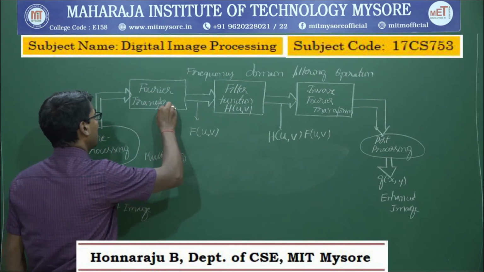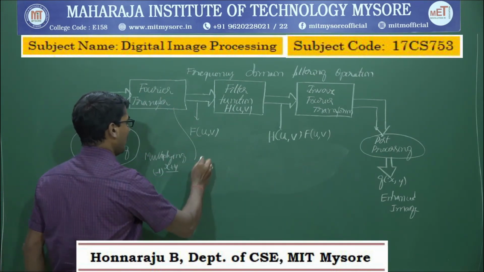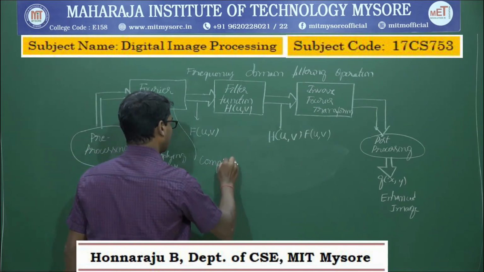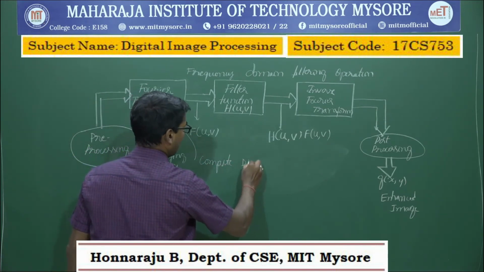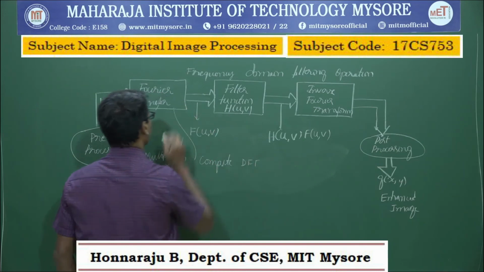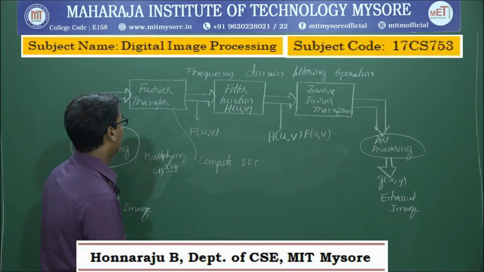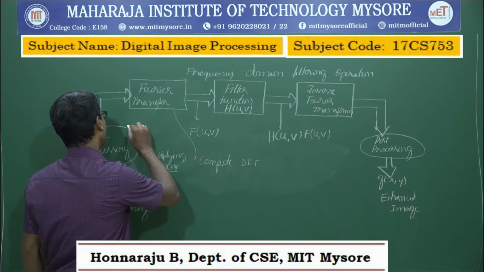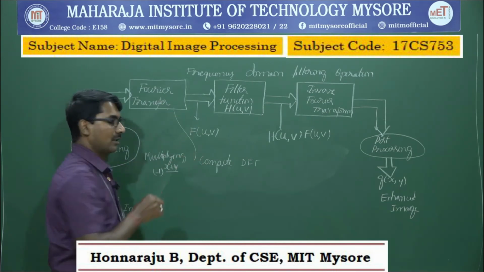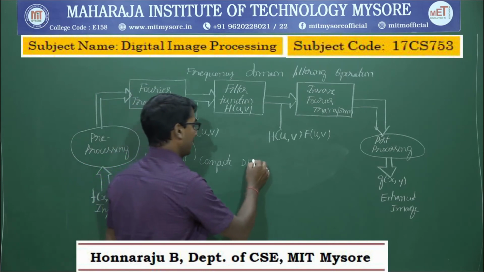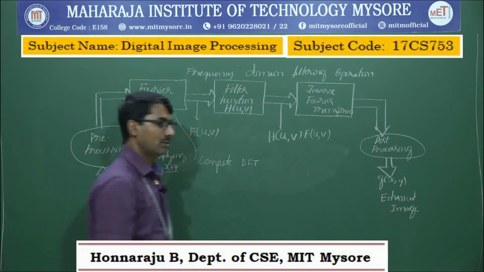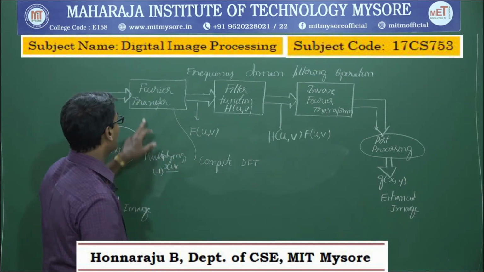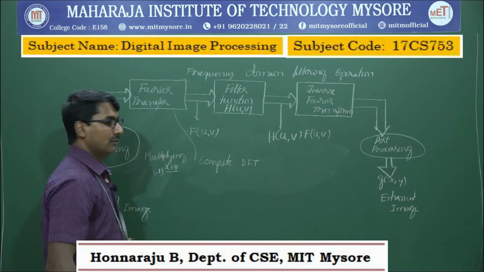After that, we compute the DFT, the discrete Fourier transformation, of the input image. So the pre-processed image is used for computing the DFT.